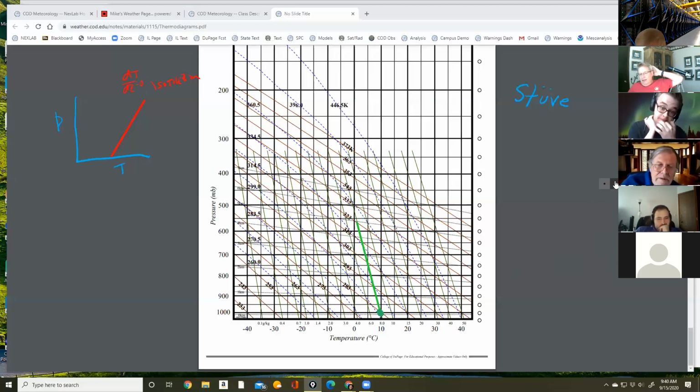So do you see that this is 8 grams per kilogram, the value of that line? If this is temperature, this is W sub S. If this is the dew point, then that's W.